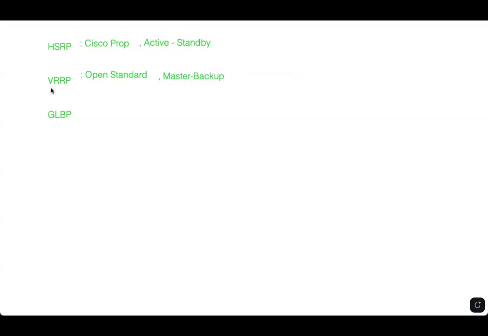So let's look at the concept one more time. You have router 1, you have router 2. There will be a link between them.